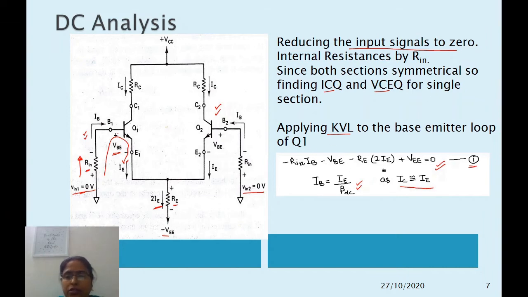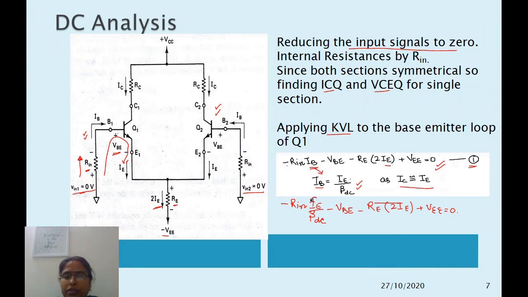So in this equation, replacing IB by IE upon beta DC, the equation becomes minus Rin IE upon beta DC, then minus VBE, minus RE into 2 times IE, plus VEE equal to 0.